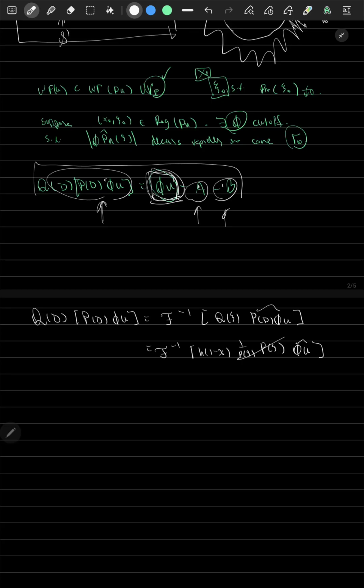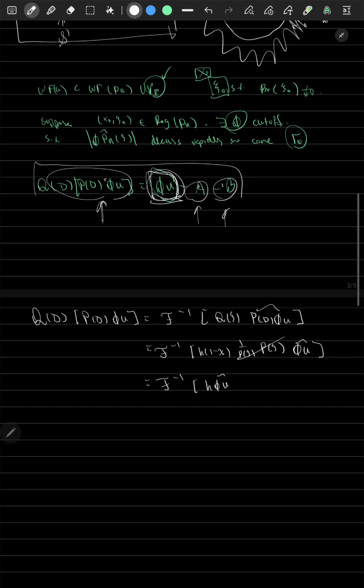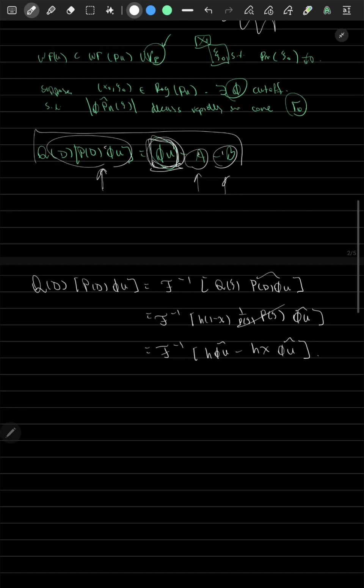This cancels out with this, and then if we distribute that Fourier transform of phi u, we get this minus h psi u. So if I didn't make any mistakes, this is right, and by the linearity of the inverse Fourier transform, we have this. H psi.